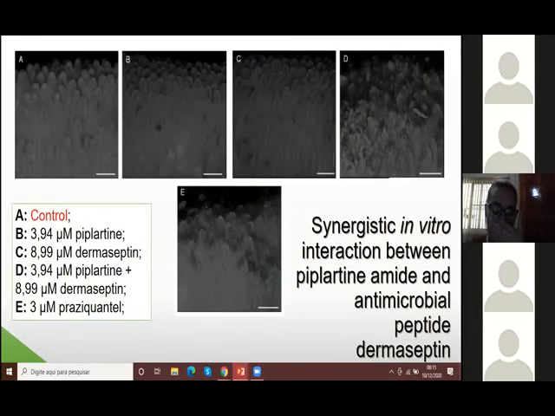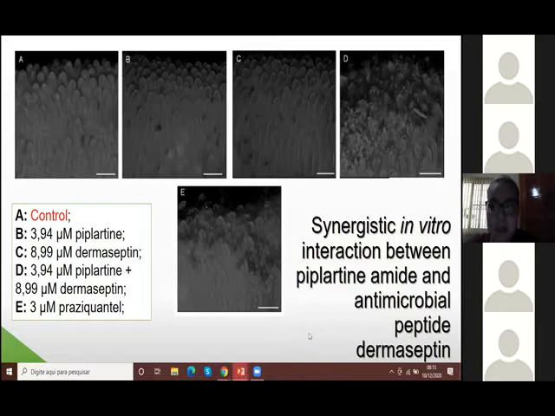And we also analyzed the synergism of this molecule with other molecules with schistosomicidal properties. Here, we analyzed the synergism of piplartine and dermaseptin.